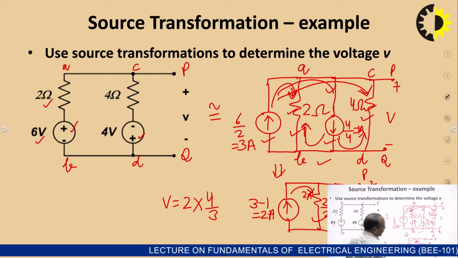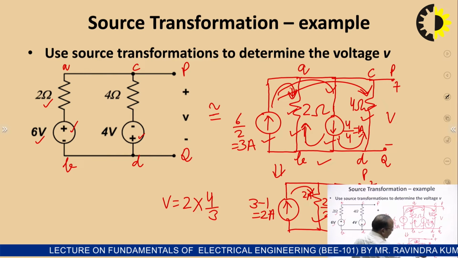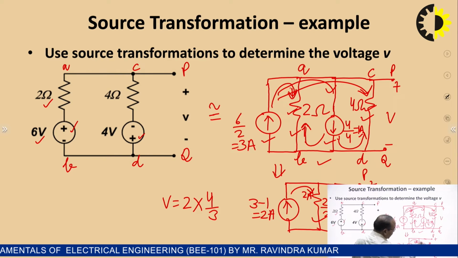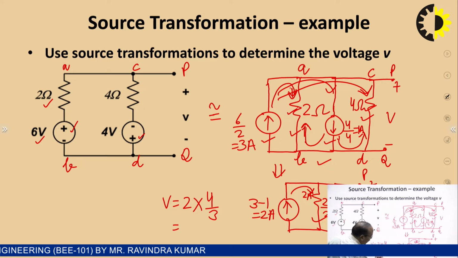All this current is passing through this resistance, since the current is not distributed to any other resistance. This is the only resistance which is in parallel to this 2 ampere current source. So, this voltage V becomes 2 into 4 by 3, and that becomes 8 by 6 volt.